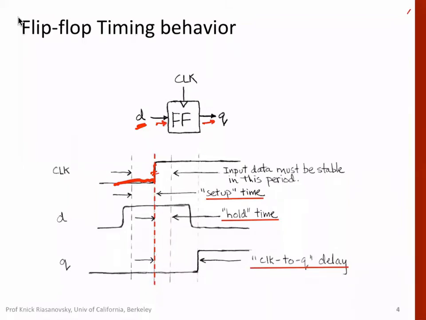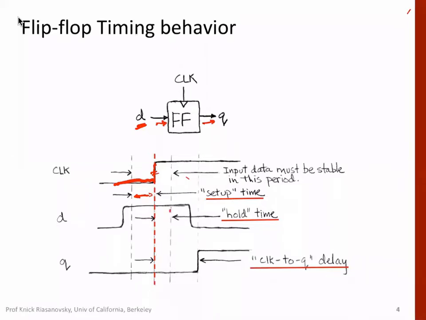This is the setup time. Once the clock edge happens, the input must again be kept stable. So setup time is before the positive edge, and after the positive edge we have to hold it for a certain time.